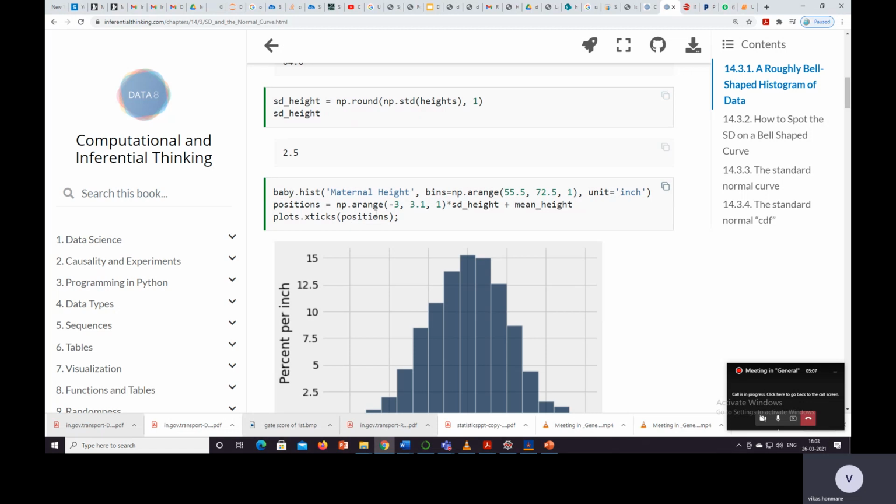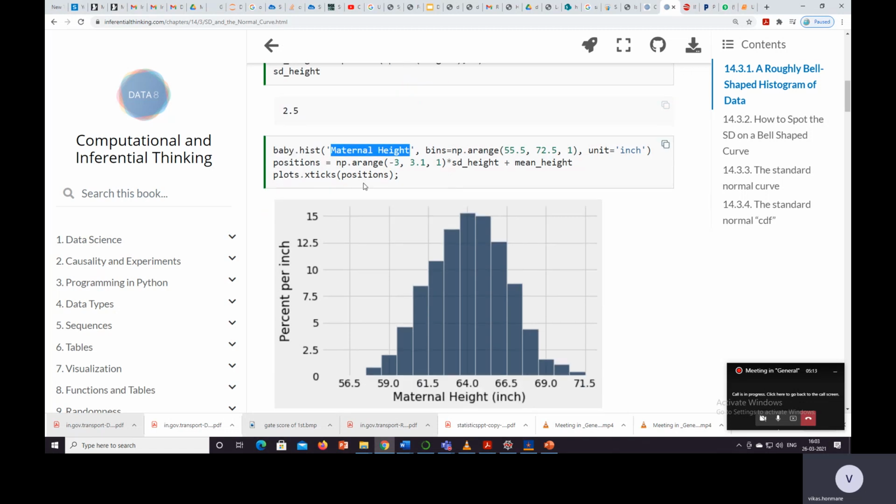That is the histogram on the variable maternal height, and the bins are in the range 55 to 72.5, and the step size is 1.